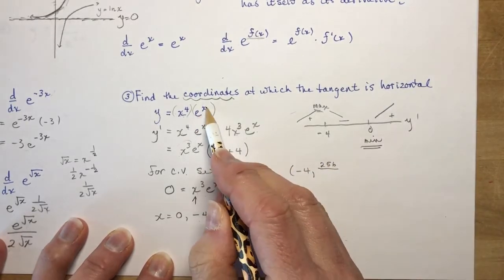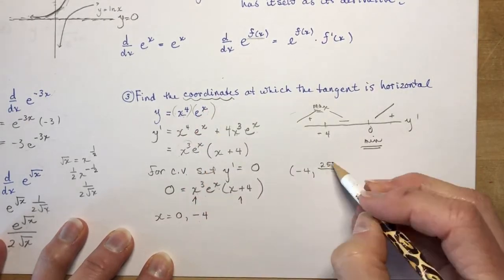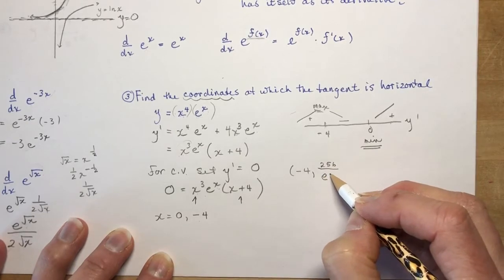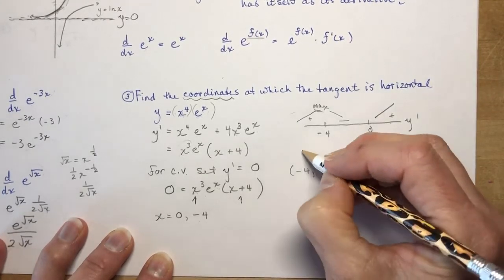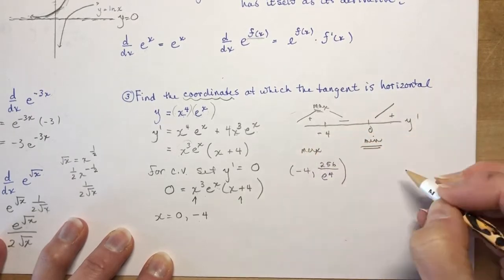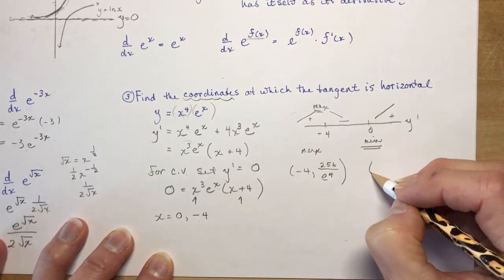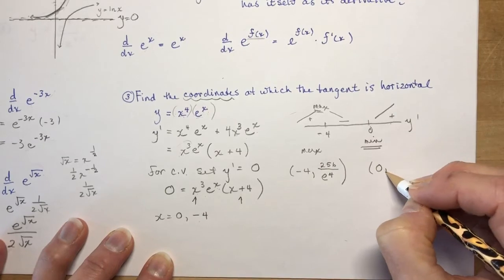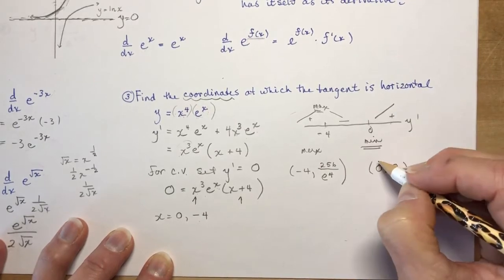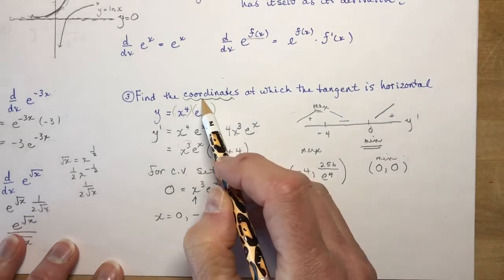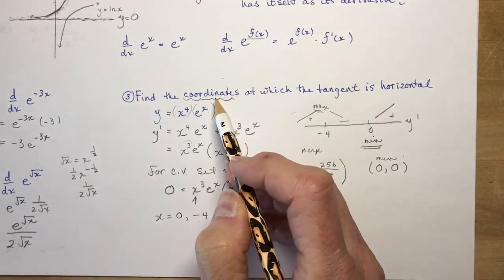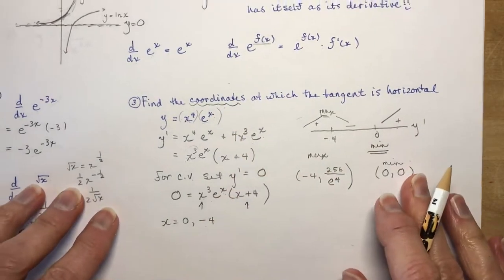And e to the x, I would have e to the negative 4 or e to the power 4 in the denominator for a positive exponent. So this was a maximum value. And the minimum value would be when x is 0. Y is also going to be equal to 0, and that would be my minimum. So remember, watch out for questions that ask for coordinates. Make sure you're finding the y as well.